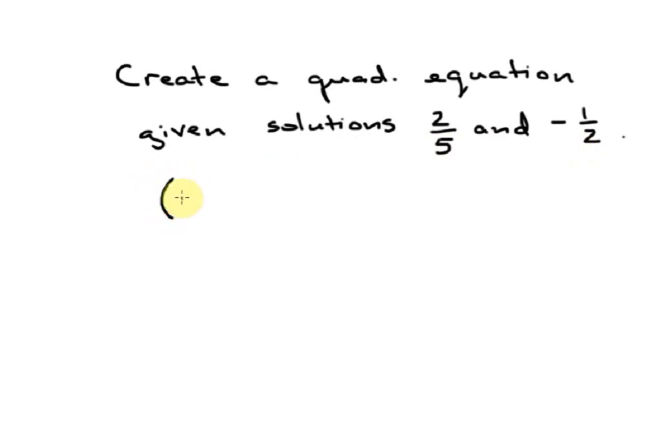So what am I going to do? I'm going to start off with my brackets. So I'm going to say, yep, this is our basic template, and we want to make it so that 2/5 is a solution. So I want to make this x minus 2/5. And if I want negative 1/2 to be a solution, I'm going to make this plus 1/2.